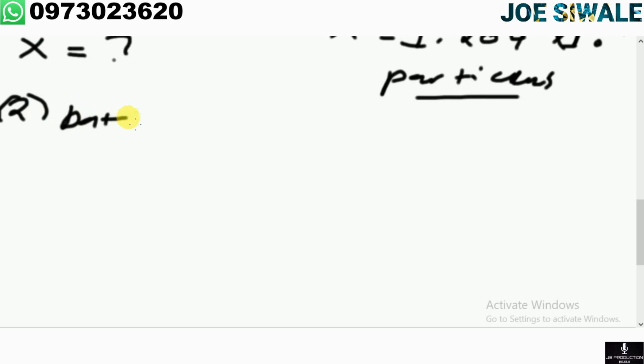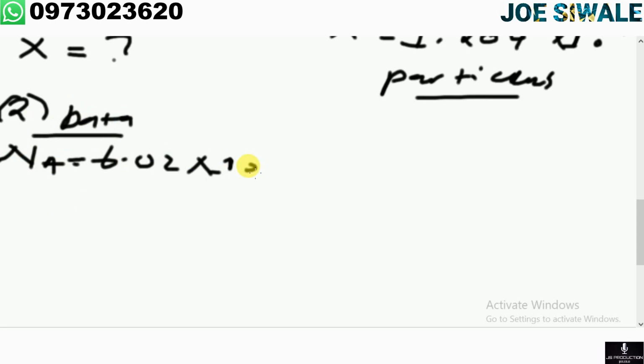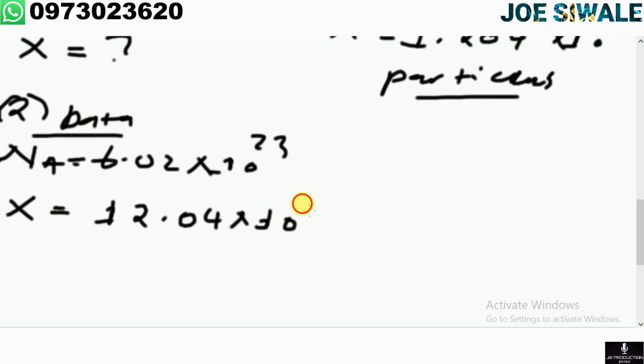So I'll say data. Here I know that the Avogadro's constant is 6.02 times 10 to the power 23. Then I have also been given the number of particle, which is 12.04 times 10 to the power 23. Then I'm trying to calculate the number of moles.